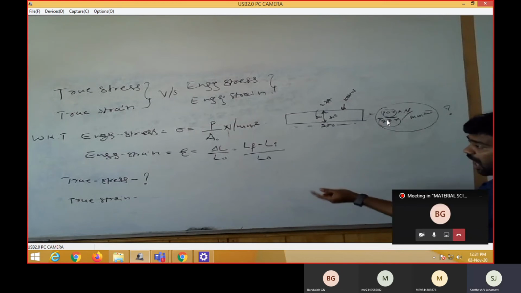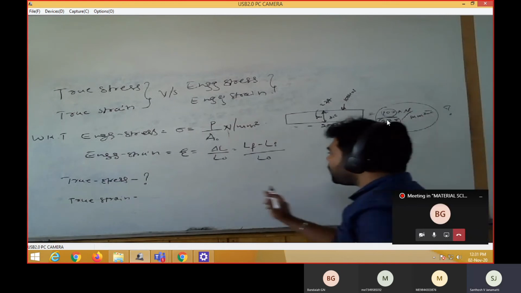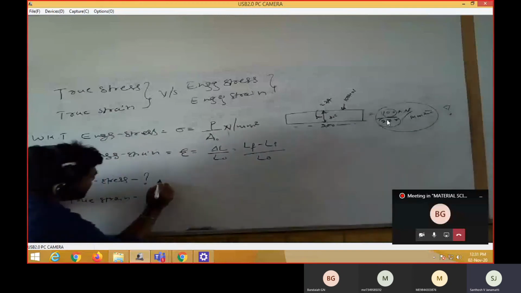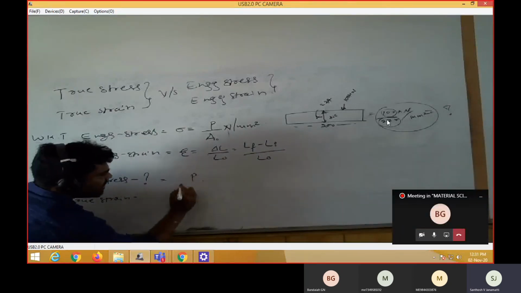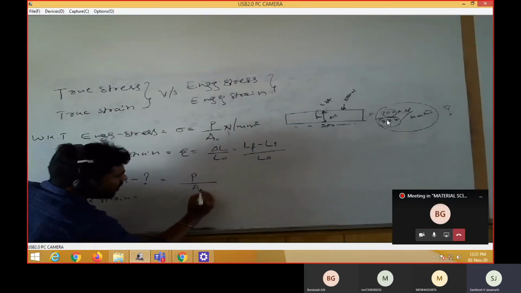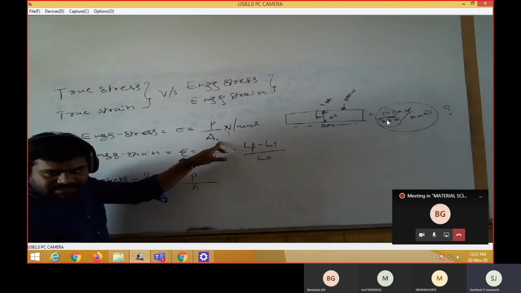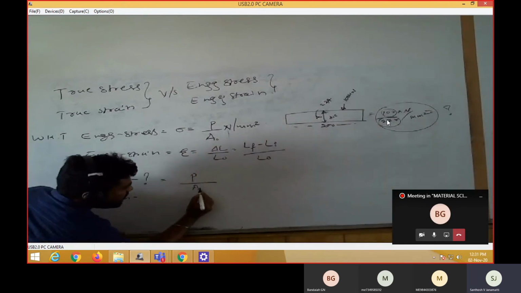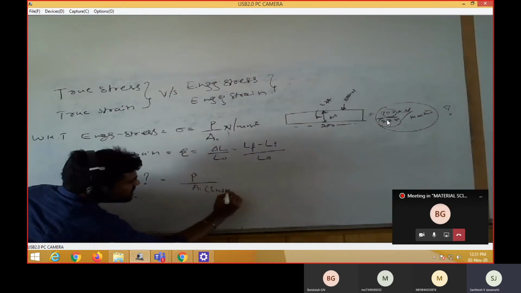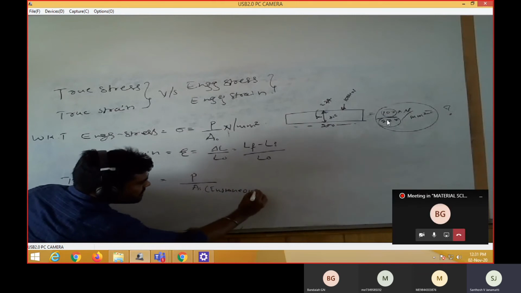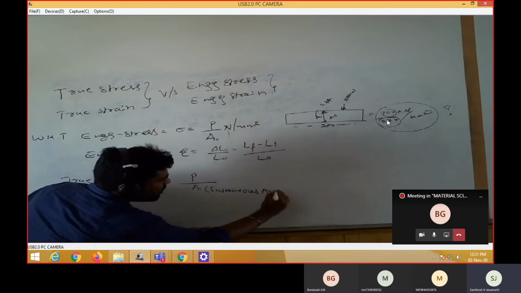What about the true stress? How does it differ from the engineering stress? True stress is equal to, again, P by not A naught, but A i, meaning the instantaneous area.